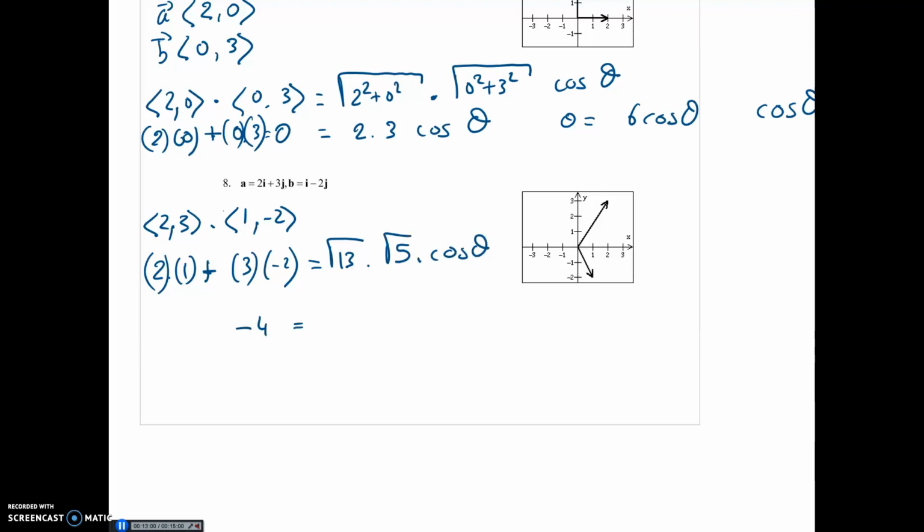So negative 4 equals square root of 65, if I'm correct, multiplied by the cosine of my angle. And so the cosine of your angle equals negative 4 over square root of 65.